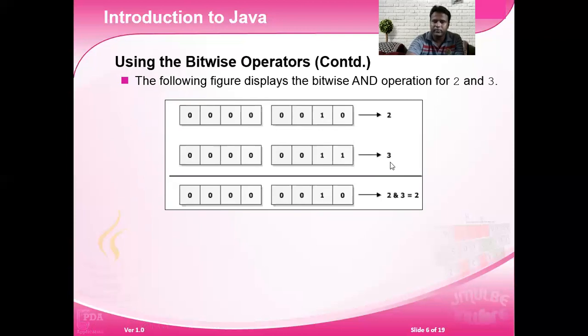That is the bit explanation of 2, and that is the bit explanation of 3. In bit format, if you represent it, it is showing you 1 1, and the other is 1 0. The result that you are getting for 2 AND 3 is the same as 2. So 2 AND 3 gives you 2.